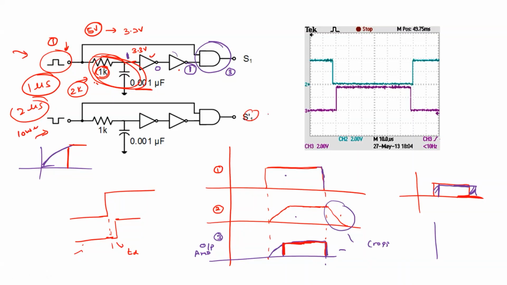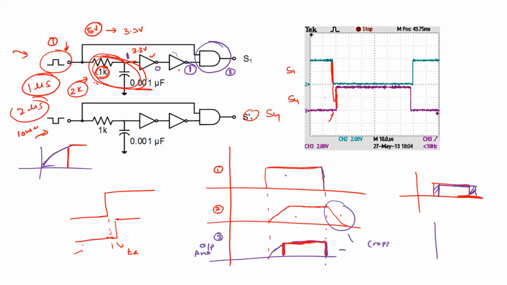This is S4. So we have experimental waveforms. Here, this is the first pulse for S1, and this is S4. These are delayed. This one is the actual transition, and here, this is the delayed one.